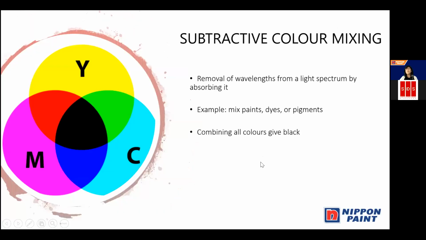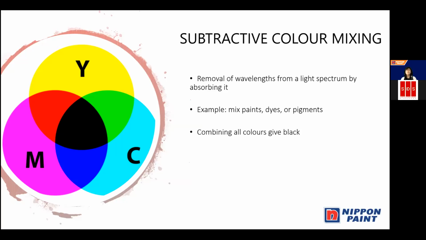Now, subtractive color mixing is the direct opposite. It's the removal of wavelengths from a light spectrum. So in the mixing of paints, dyes, or any form of colors that we use, it is basically the removal of these wavelengths.